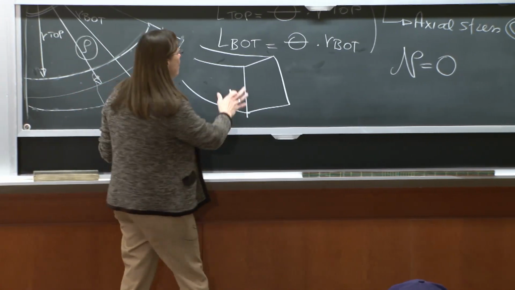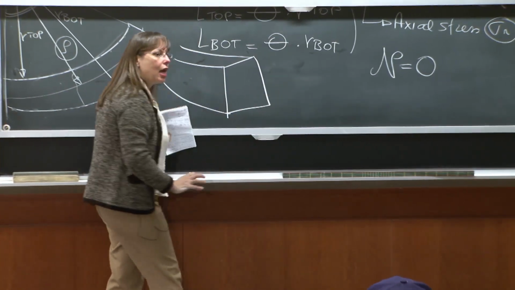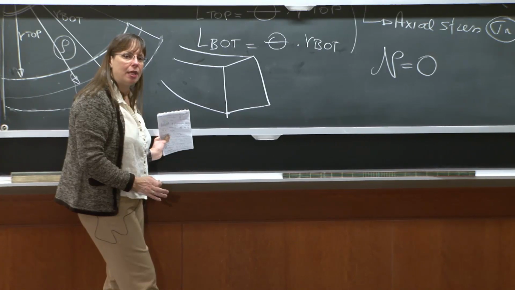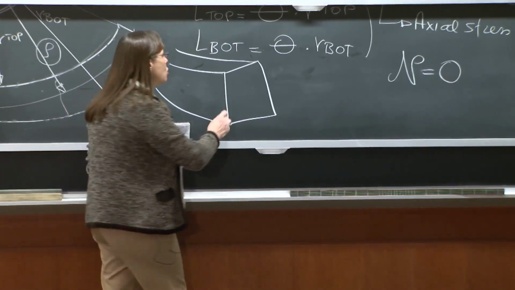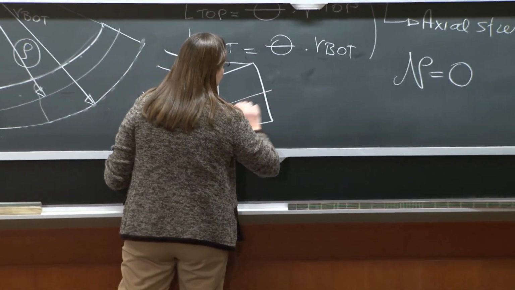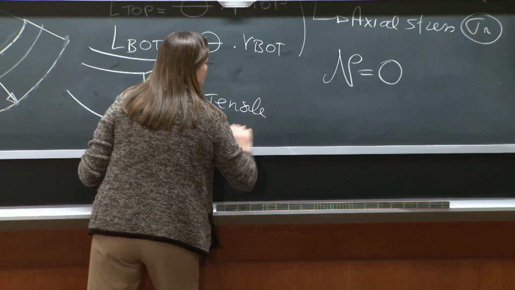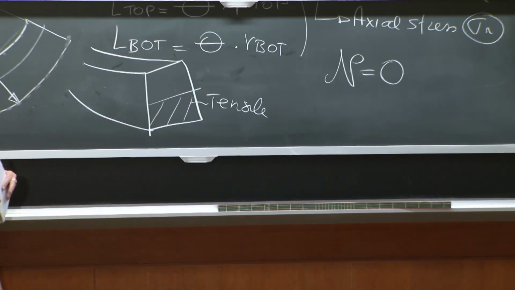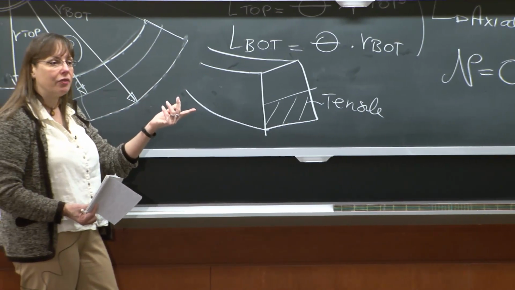So we see that the bottom is getting longer. So at the bottom, where things get longer, what kind of strains are they going to be there? Tensile or compressive? Tensile. So the bottom of the beam is going to have tensile stresses and strains. The top of the beam, things get shorter. I must have compressive, right?